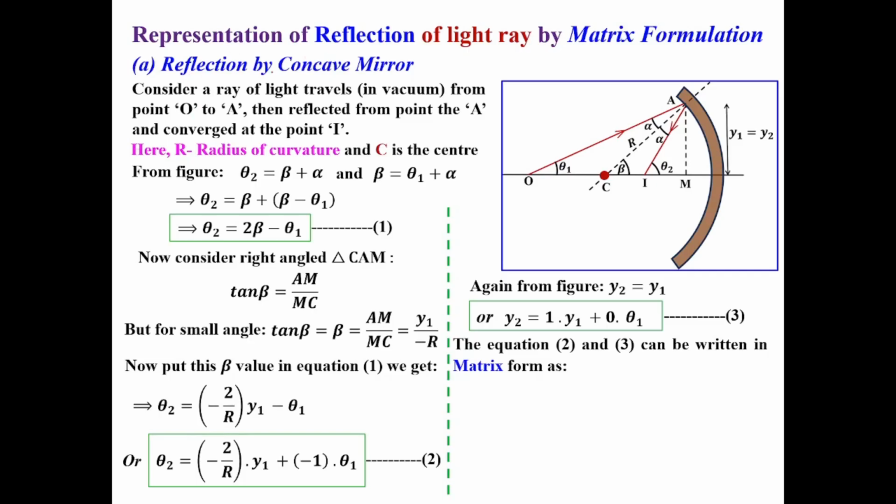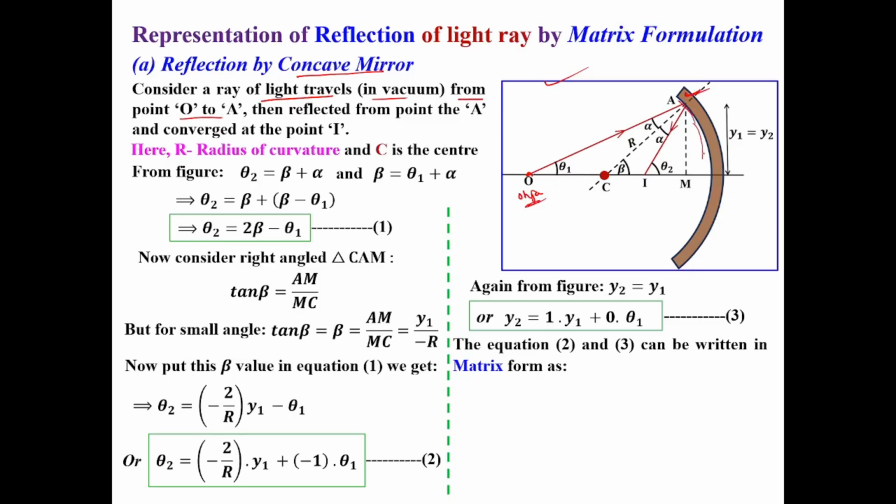First we are going to discuss reflection by a concave mirror. This is the figure that we have to follow to find out the reflection matrix. Consider a ray of light traveling in vacuum from point O to A. Here O represents the object. This is the concave mirror.